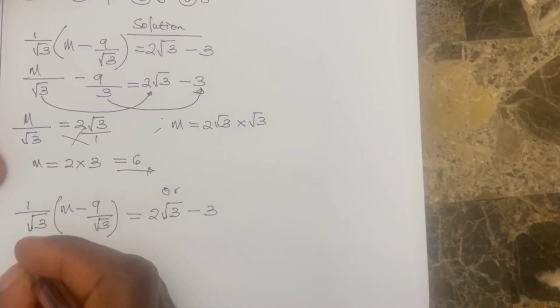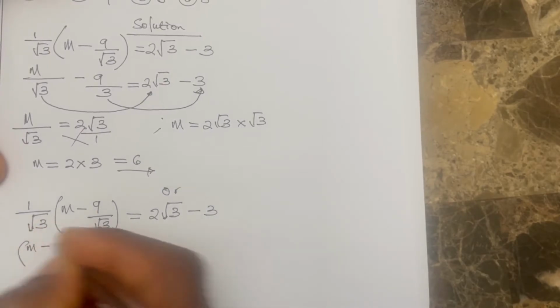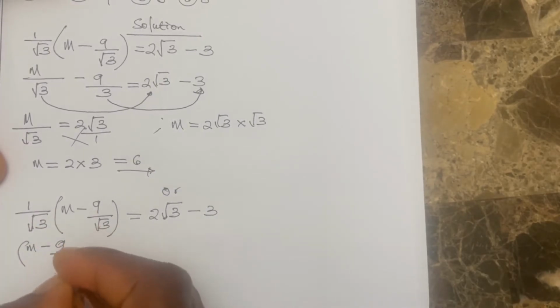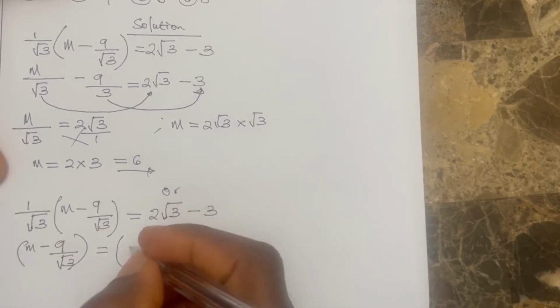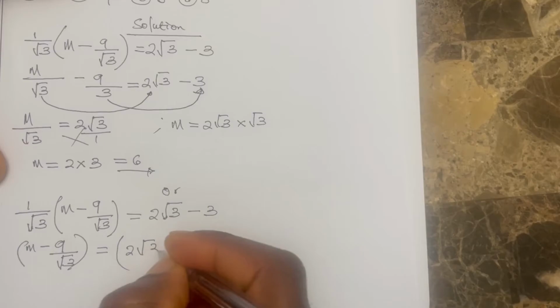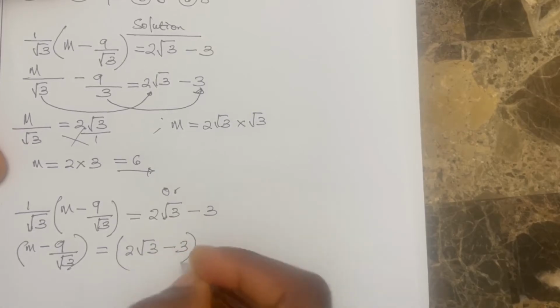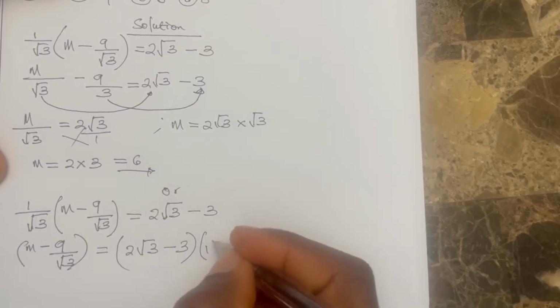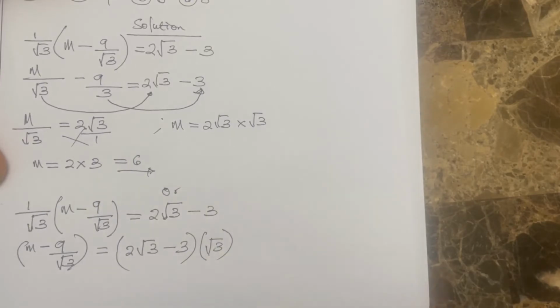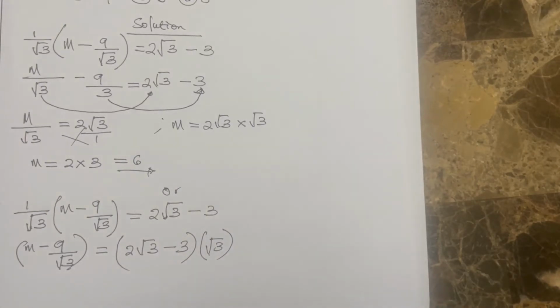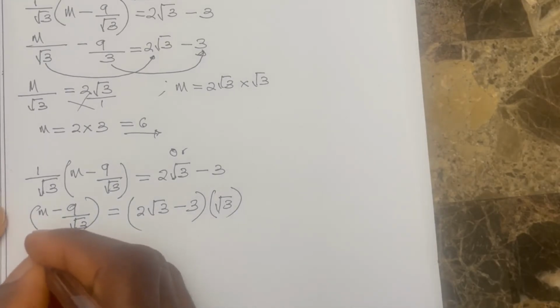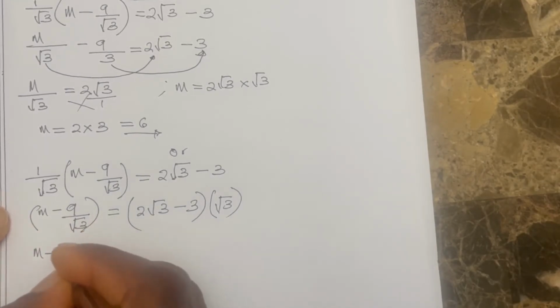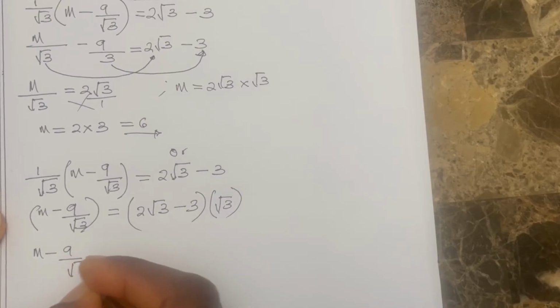So I'm going to have m minus 9 over root 3 is equal to 2 root 3 minus 3 multiplied by root 3. So these two remain the same, m minus 9 over root 3.